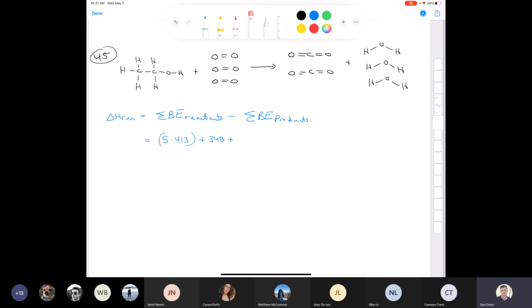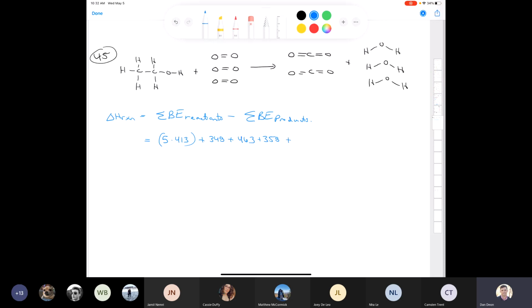What else do I have? I've got an oxygen-hydrogen bond, this one right here. That has a value of 463 kilojoules per mole. What else? I have the carbon-oxygen bond that I left out, which has a value of 358 kilojoules per mole. Still not done, because now I've got the 3 oxygen-oxygen bonds.